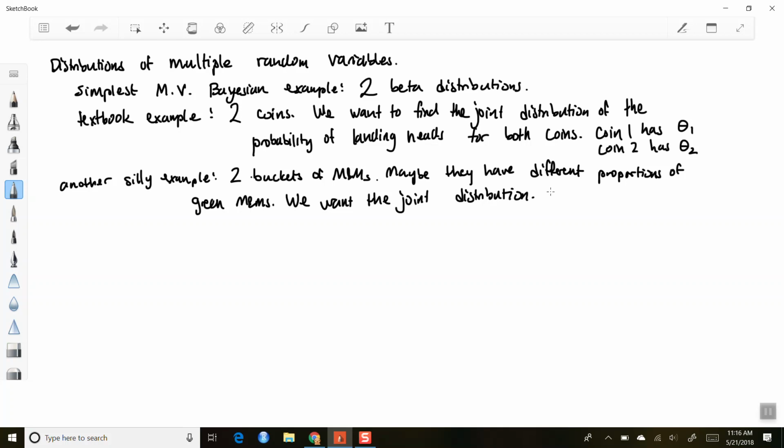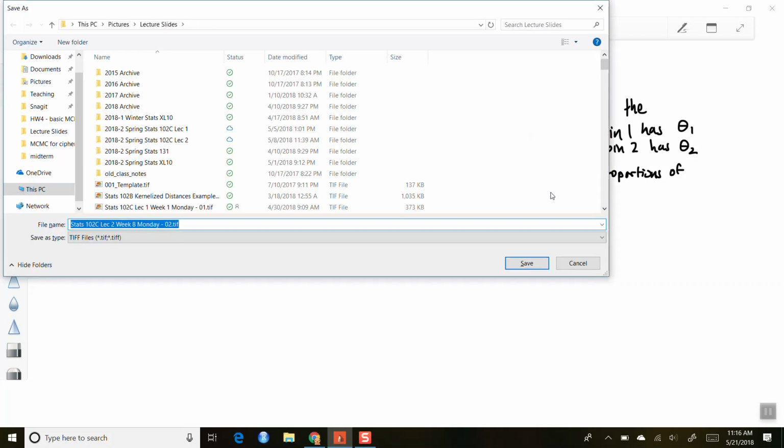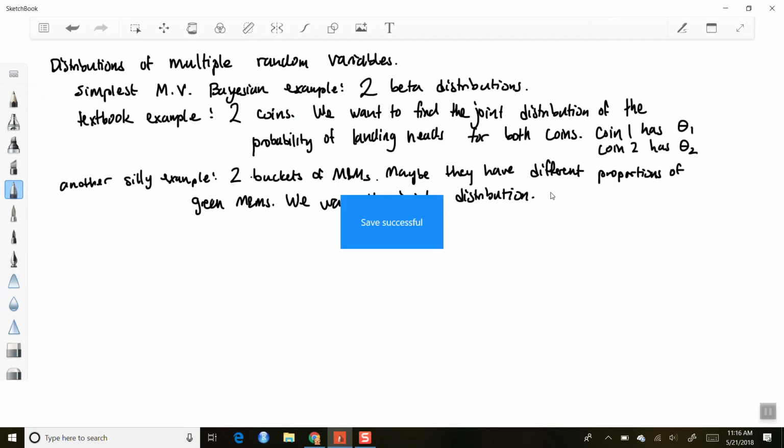All right. So these are especially silly to bring up when talking about MCMC and Bayesian inference, because in both of these cases the two distributions are independent, the coins are independent, the buckets are independent, so the joint distribution just ends up being a product of 2 independent distributions, not a big deal, and we can easily simplify these things.